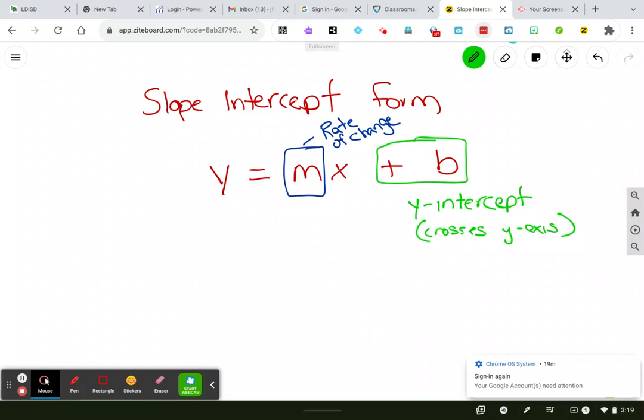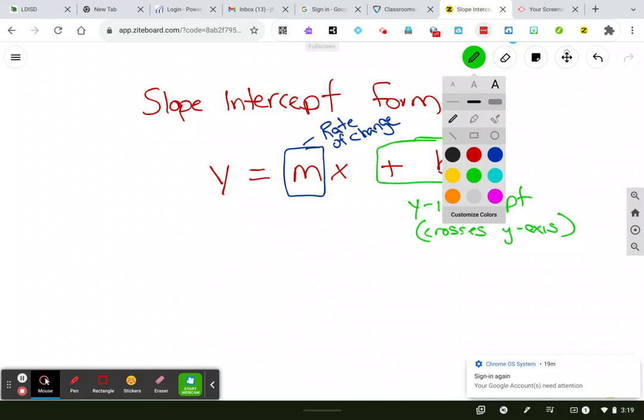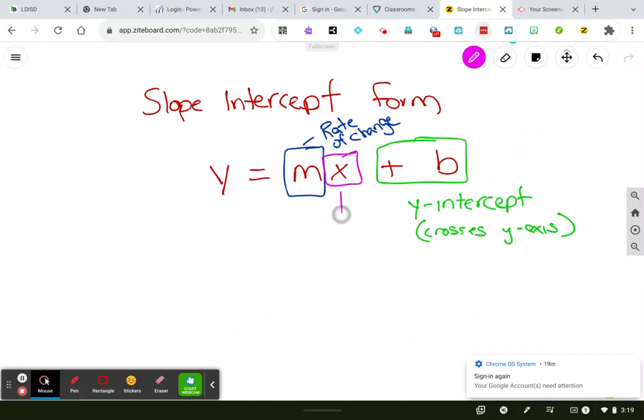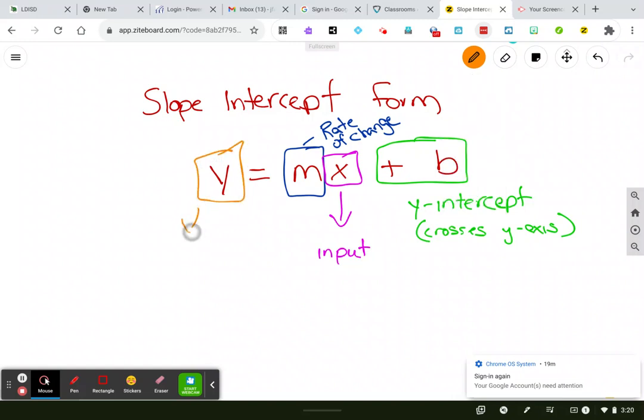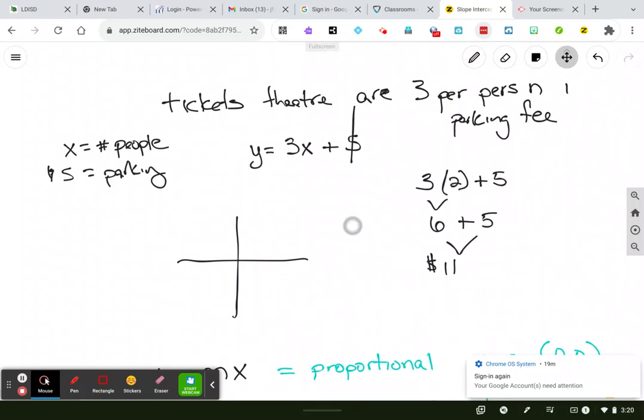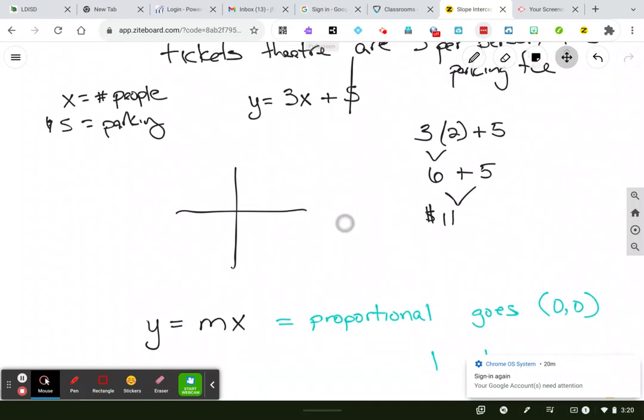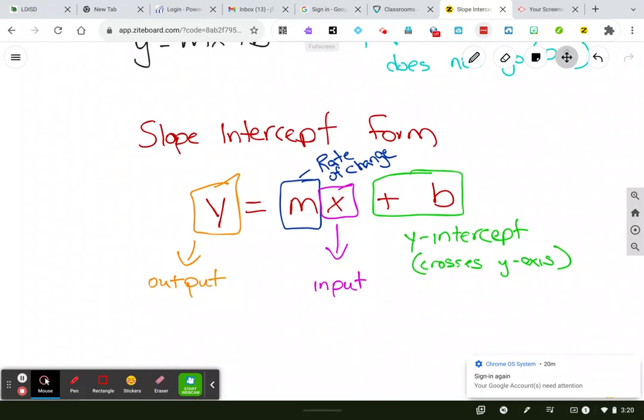The x is your input, because if I plug the x value in and substitute it, I am going to get an output y value. So let's see how this works together. This formula I came up with, tickets are $3 a person and there's a parking fee, was y equals 3x plus 5.